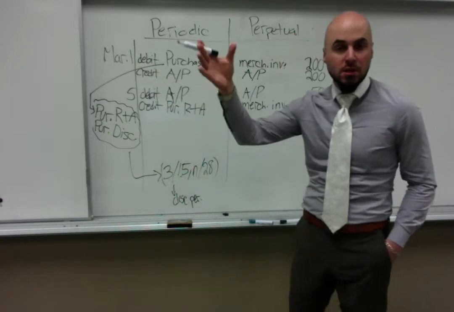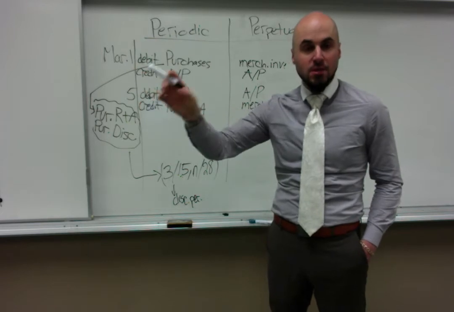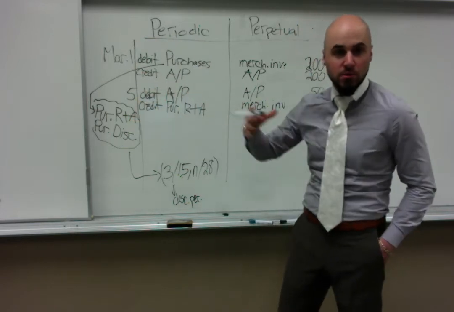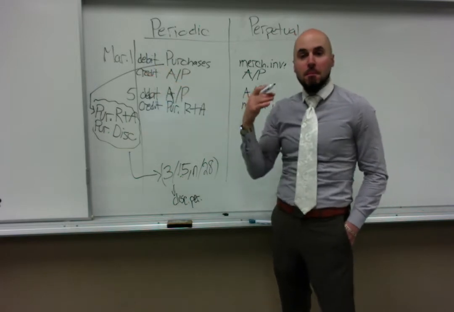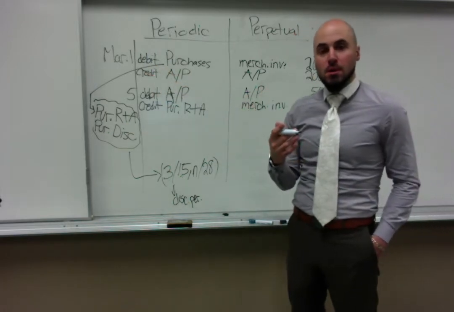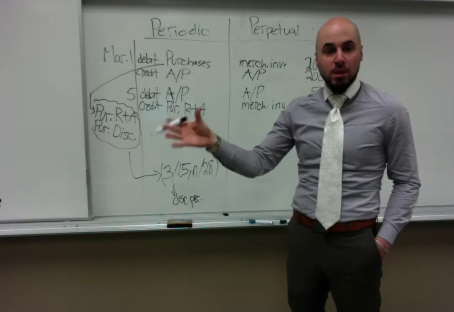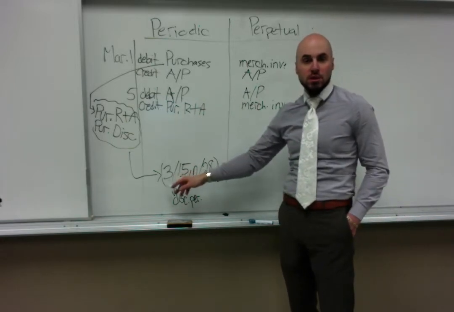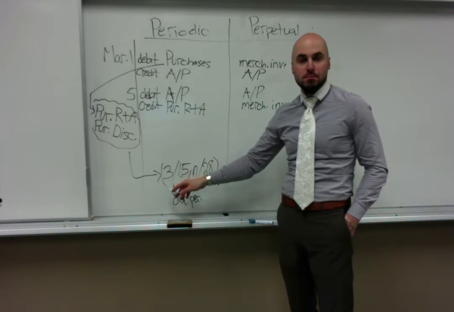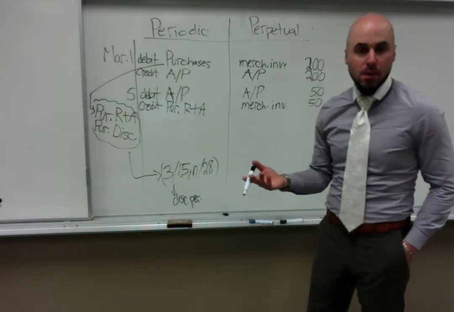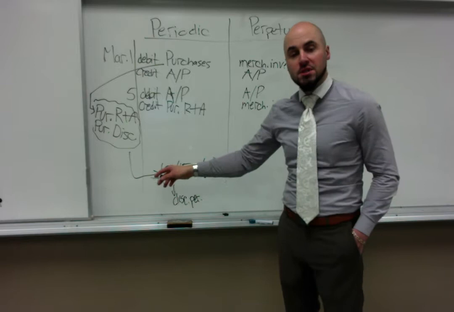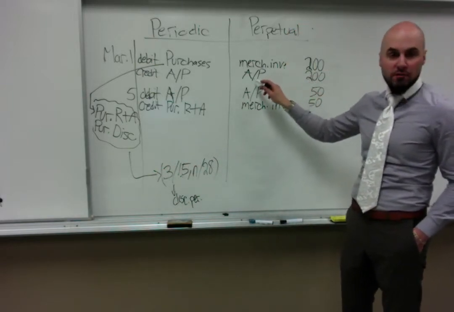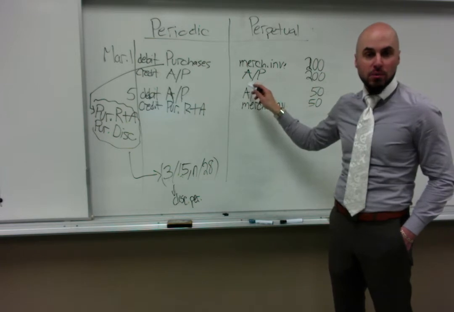Of course, that's something that the vendor has in place. They have offered that to their customers. In this case, we are the customer, since we're doing the purchasing. But if it is in place, and you do pay within this discount period, you will get 3% off. And there's the purchase discount. And the purchase discount will apply also to the perpetual system, since we pay for that on credit as well.